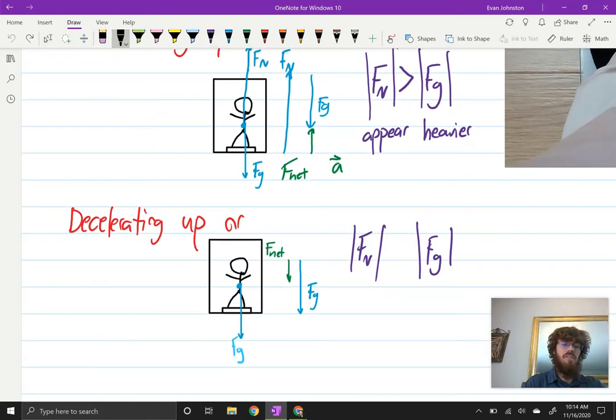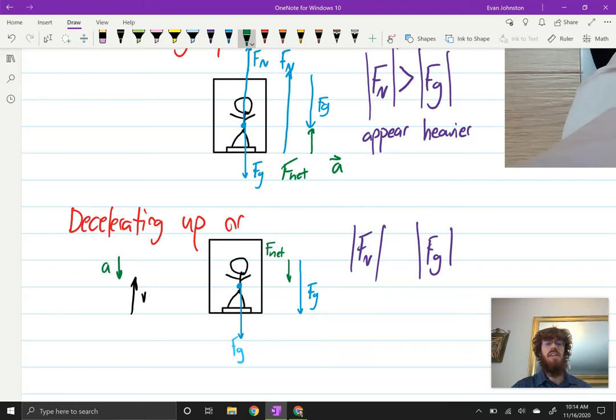So if we think about that, the velocity is going up. But if it's going to start slowing down, that means there has to be a force pushing down on it that's resisting it, right? Otherwise, it wouldn't be slowing down. It'd be going the same speed or going faster and faster. So that means that our acceleration has to be going down.